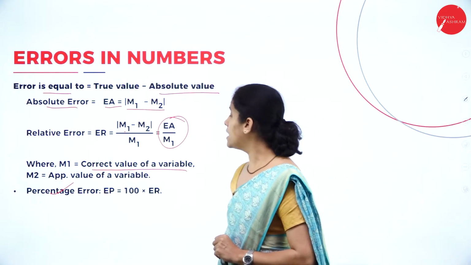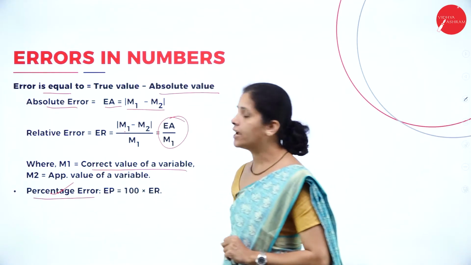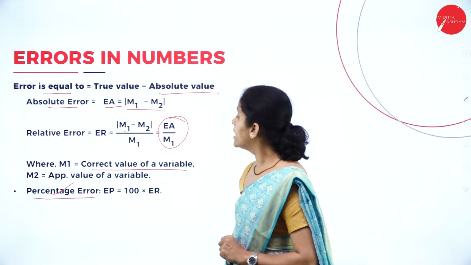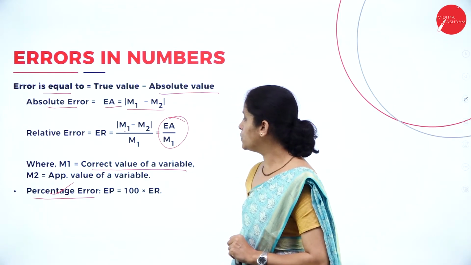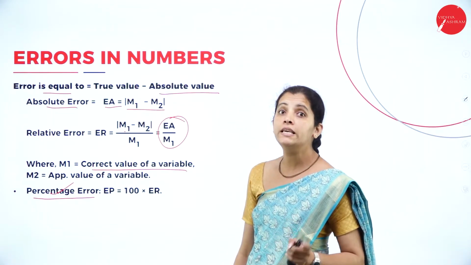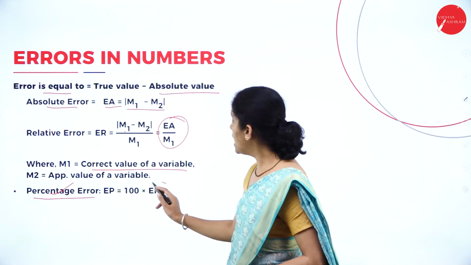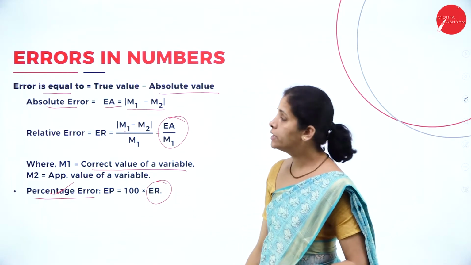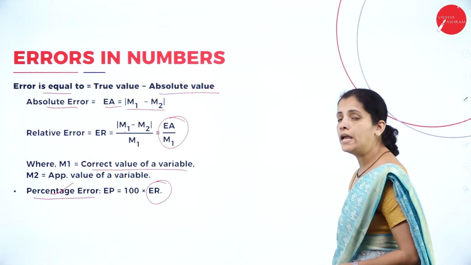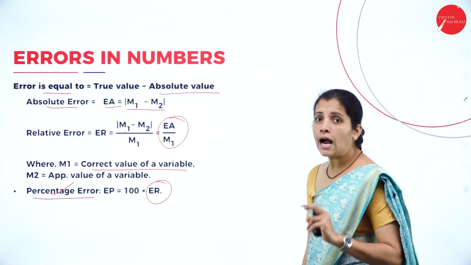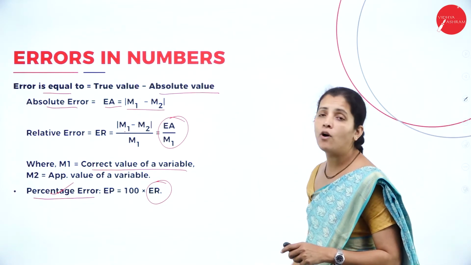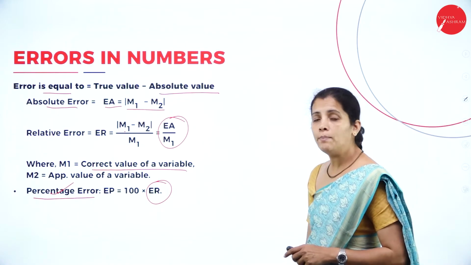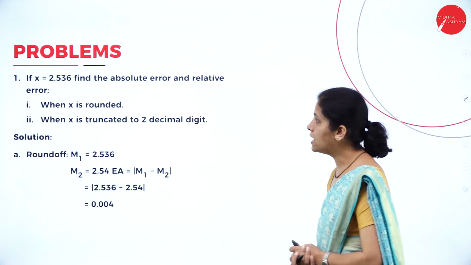Then the third type is percentage error, that is EP equals 100 times ER, where ER is the relative error. Anyway, dear student, let's understand the types of errors one by one with an example.